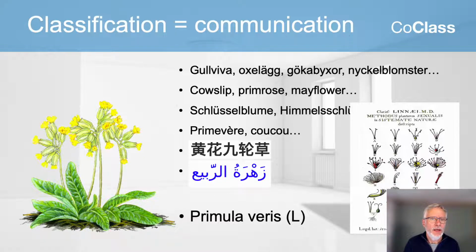But Carl von Linnaeus invented the language of the Latin language for plants and gave them all a standardized description. In this case, primula means the first and veris means spring. So he called this plant the first of spring. And everyone familiar with the Latin naming of plants can understand what I'm talking about if I say primula veris. So that's the reason we use classification.